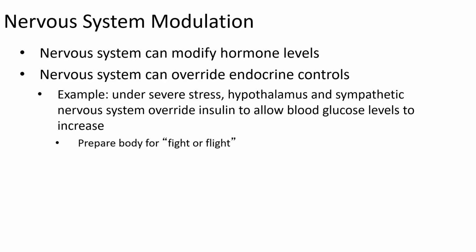The brain doesn't know what's going on, and if we need the extra sugar, so it's going to cause the release of more hormones that are going to promote the release of more blood glucose in the case that we really do need the extra sugar to carry out whatever activities we need, whether we're running away from somebody or whatever the case may be. And so it has this ability to situation by situation modify the hormone levels in situations that need it.